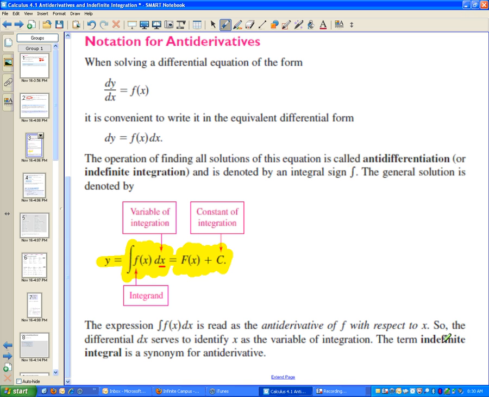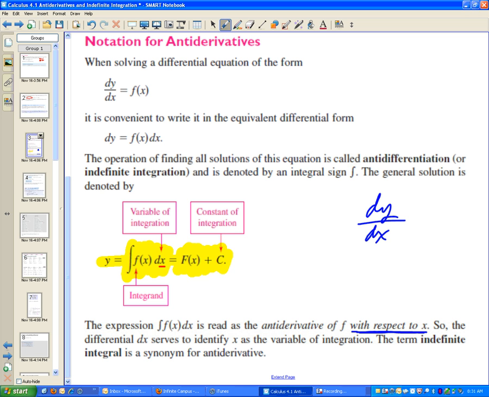The expression, the integral of f of x dx, is read as the antiderivative of f with respect to x. Just like when we see this, it's supposed to be read as the derivative of y with respect to x. But what do we all say? We all say the derivative. So we'll leave that off when we say it, but you've got to know that matters.